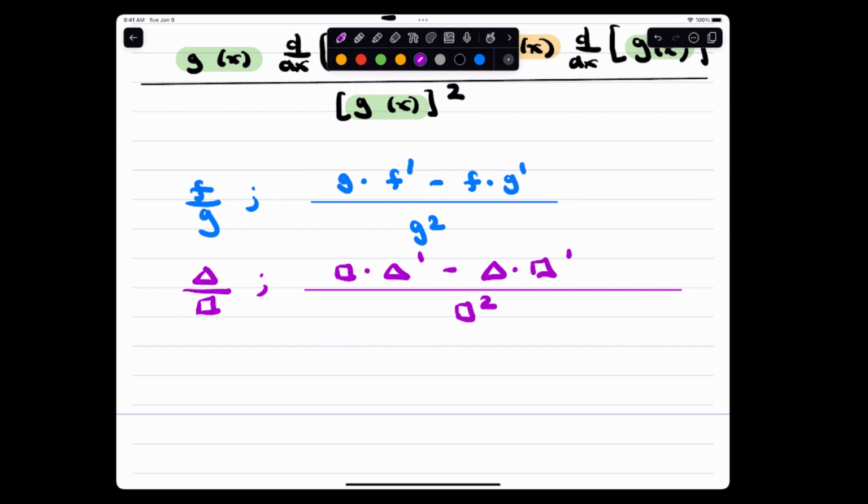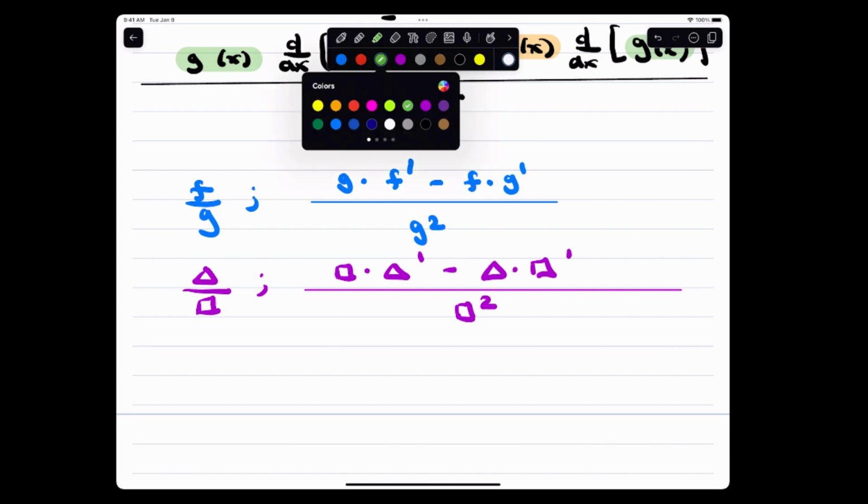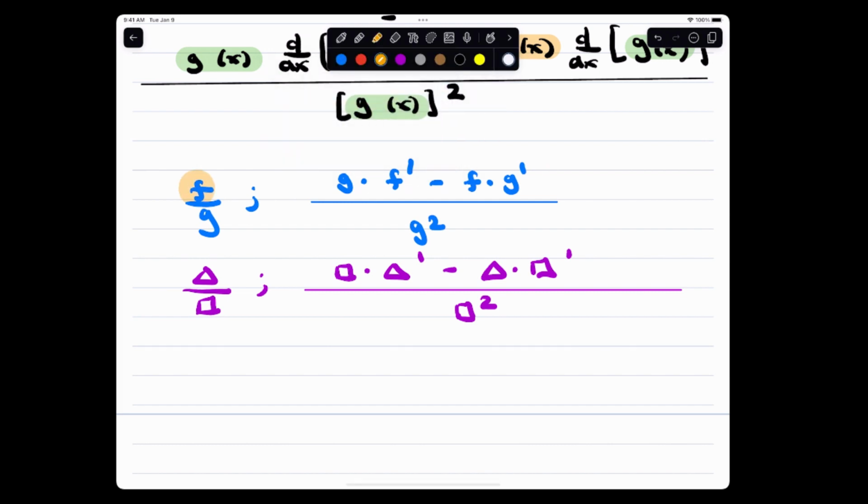I remember the day that was the quotient rule, and I'm like, what in the world is that? Even what Mr. Judge does, he uses colors, because I think sometimes colors are helpful.